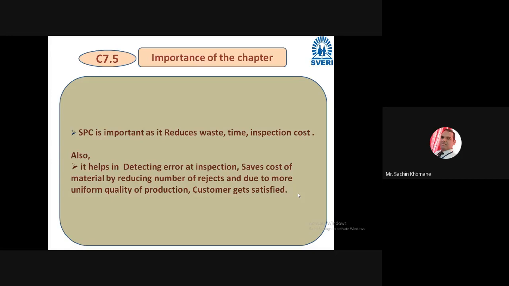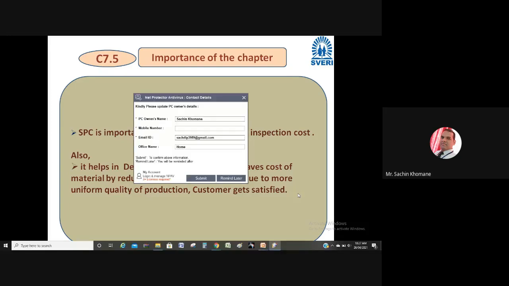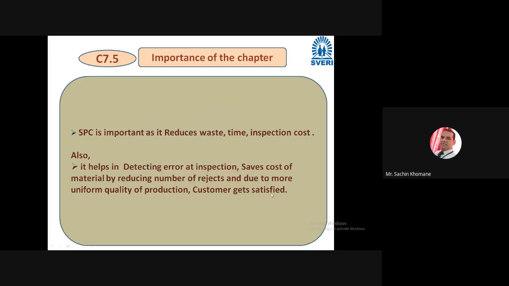Definitely, if there is no rejection, or there is no error in your product, then rejection will be less, and due to that, people can produce more uniform quality of production. Ultimately, if you are sending a non-defective product to your customer, your customer will be satisfied. So that's why SPC is important in a quality department. So try to understand this importance of SPC.